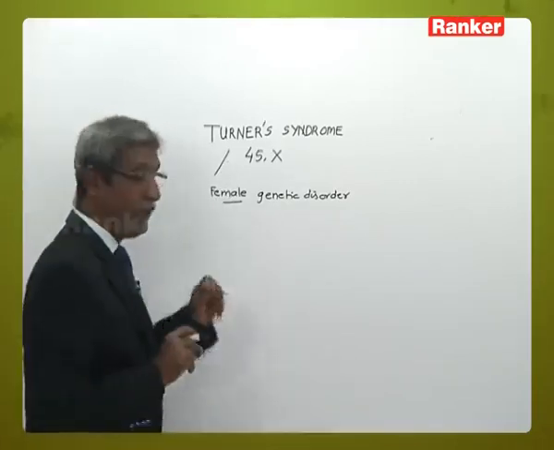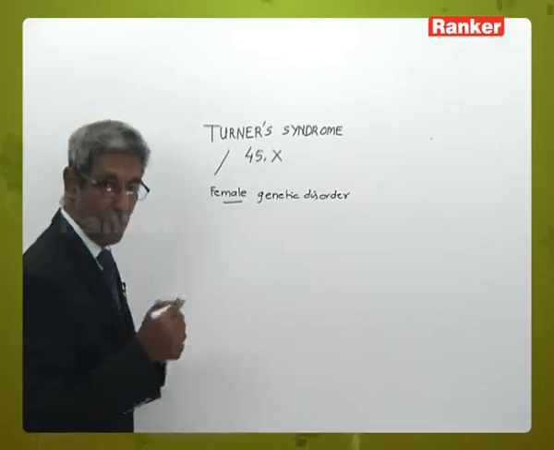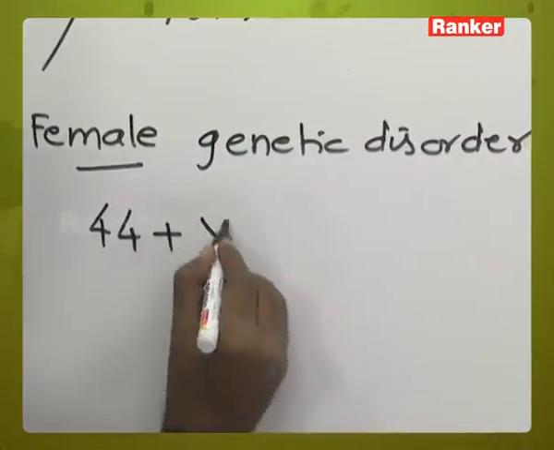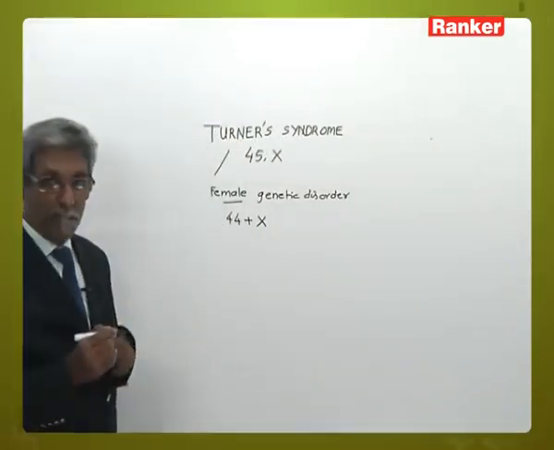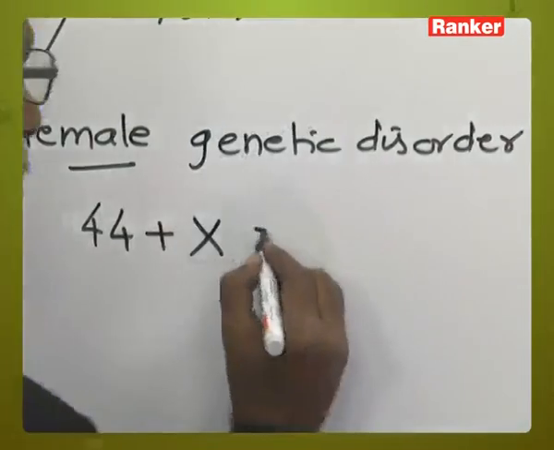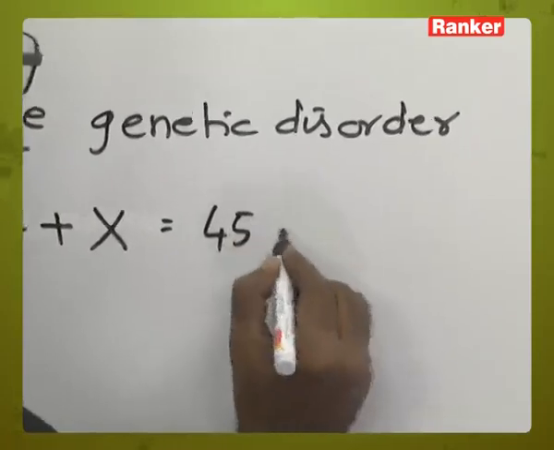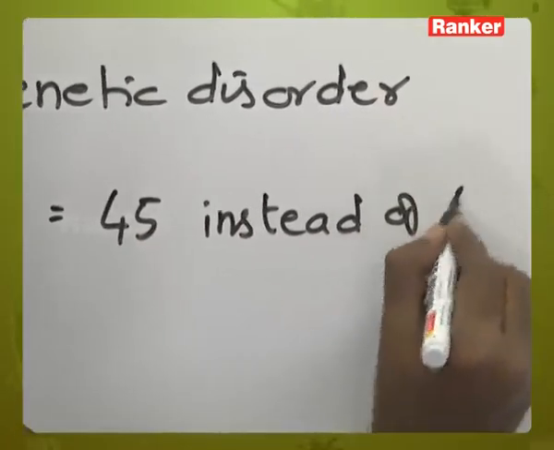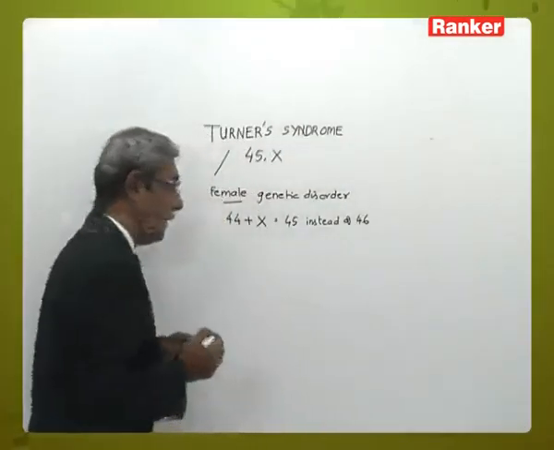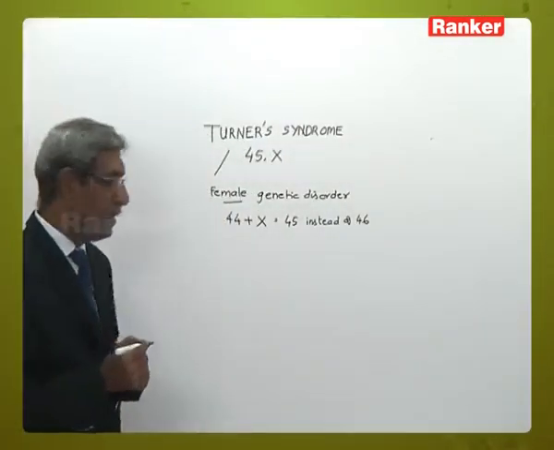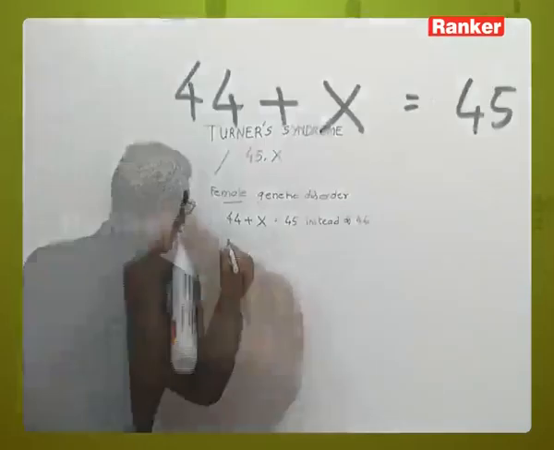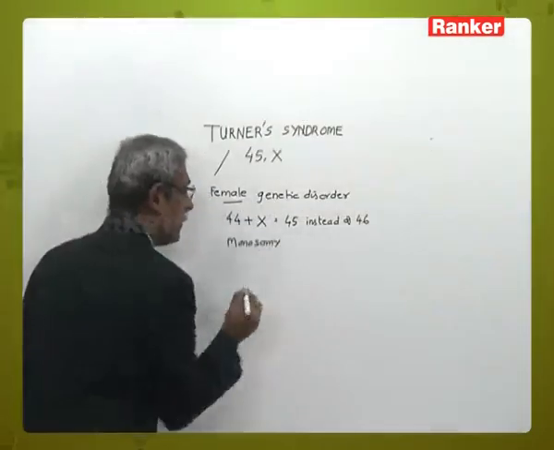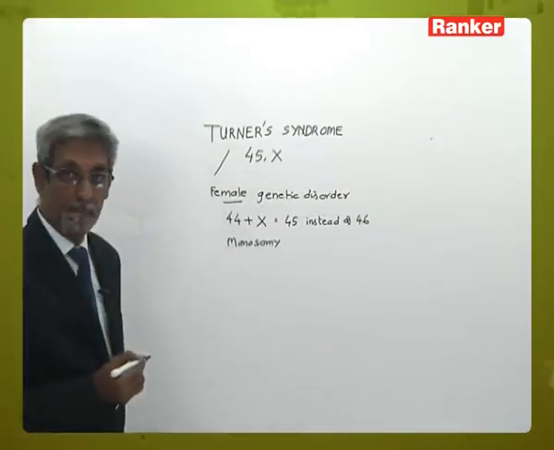So in Turner syndrome, there is the presence of 44 plus X, which is equal to 45 instead of 46. This condition is otherwise termed monosomy.